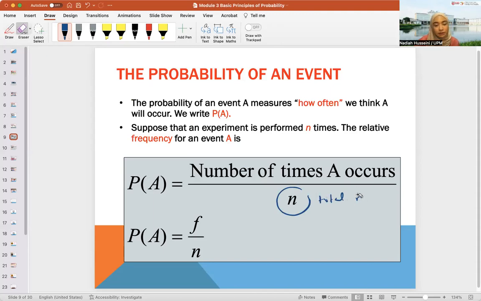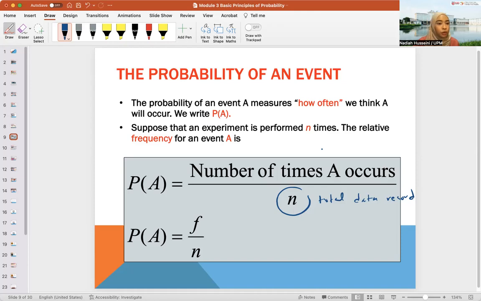N is the total data that you record. Okay, bear with me. I know this is very lengthy and not very interesting, but we have to learn this. So the probability of A is the number of times A occurs over the total data that you record.